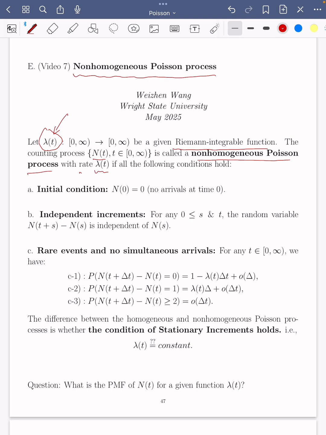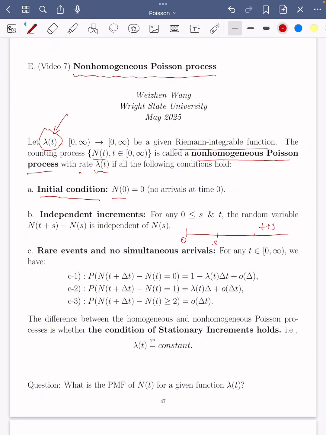So we already see the initial condition. At time 0, there are no arrivals. Also, we're assuming that we have independent increments, which says that, say we have 0, and this is s, and then suppose this point is t plus s.